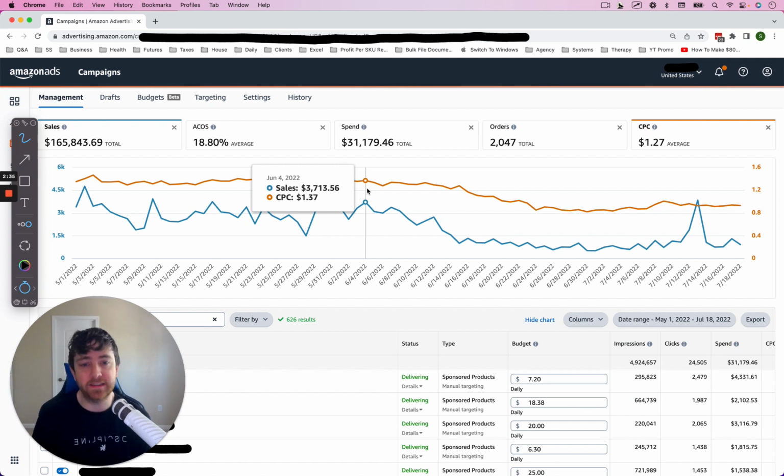And the biggest lesson here for me is that I love trying to decrease the cost per click, and I'm going to continue to try to figure out ways to really maximize how we can keep it lower. But the bottom line is, according to this specific SKU and this specific situation, lower cost per click is going to equal lower sales, lower velocity, right? And this makes sense. Look at the suggested bids.